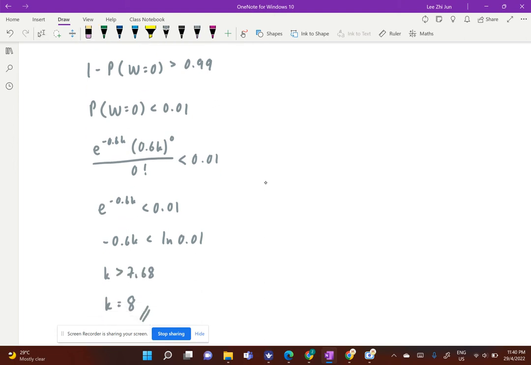So just take the log. The negative, you move this 0.6, you move this negative over and change the side. So this smaller-than sign will change to larger than. So k is larger than 7.68. So the minimum k will be 8.